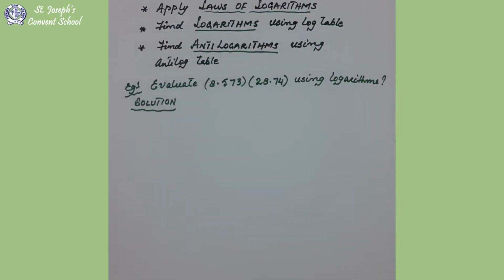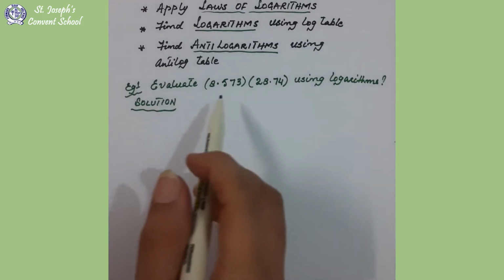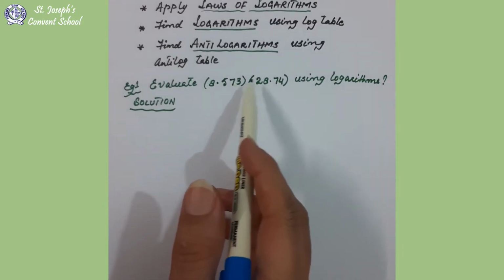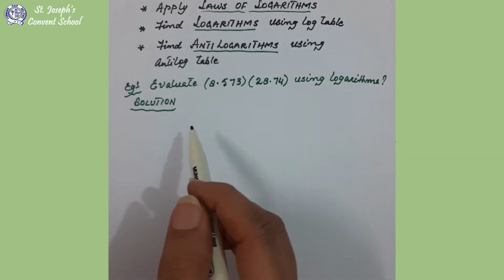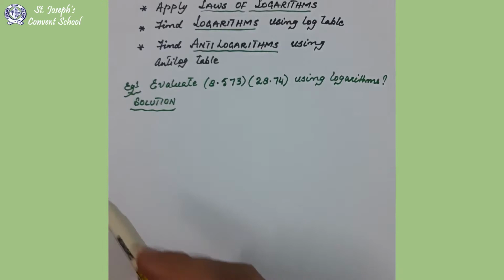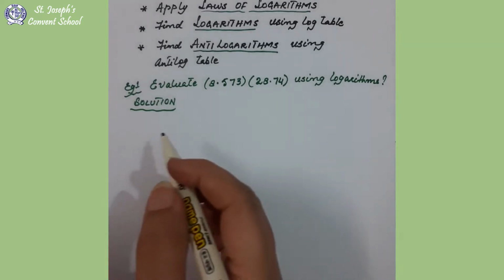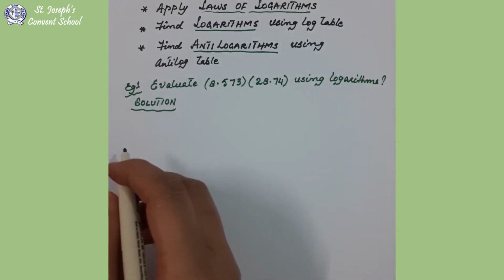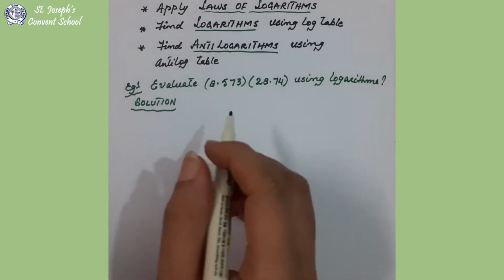The example is to evaluate these two numbers using logarithms. You can simply multiply also, but it is mentioned that you have to use logarithms, so you will solve it with the help of these three steps. We will apply the laws of logarithms, then find logarithm, and then anti-logarithm.